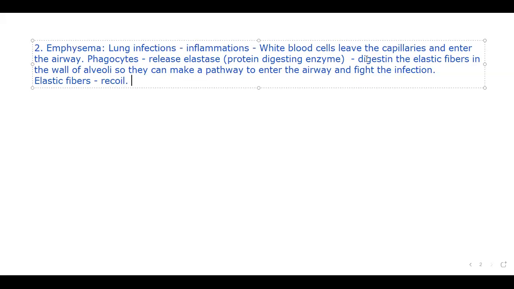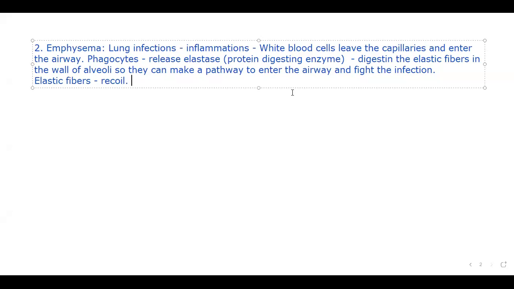Now, let's say a person gets a lung infection only once. The phagocytes will release the elastase. They will break through the elastic fibers. They will go into the alveoli. They'll fight the infection. Eventually, over a period of time, the alveoli will repair themselves and we go back to normal.